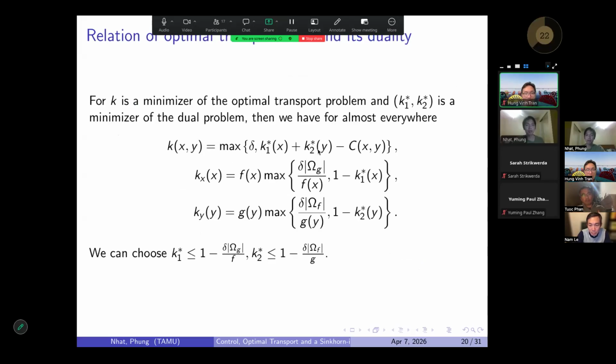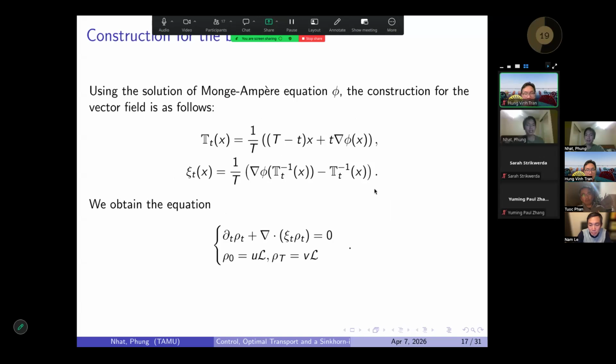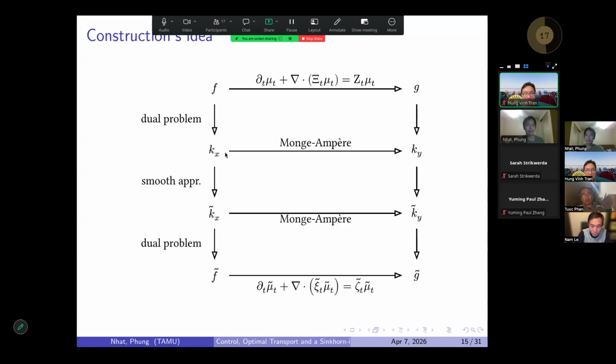Because after we can solve it, then we have f and g, then we can construct Kx and Ky. And so that is this step here. We can finish this step here, and the only approximation is the modifier. So we actually finish this step as well.